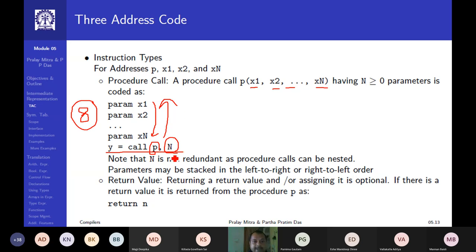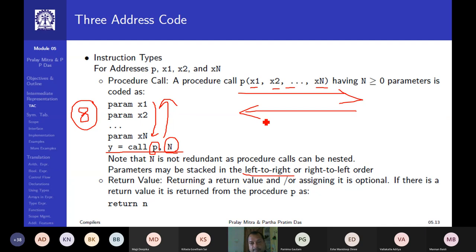Okay. Note that n is not redundant, as procedure calls can be nested. So this is important. Parameters may be stacked left to right or right to left. That's why I said that either I can write param x1, param x2, param xn, or I can write param xn, param xn minus 1, param x2, param x1. So either this way or this way I can pass the parameters.